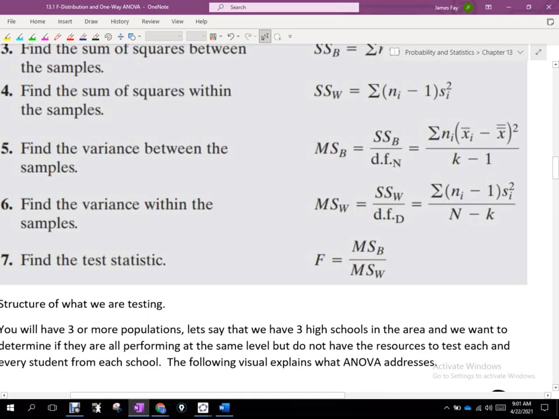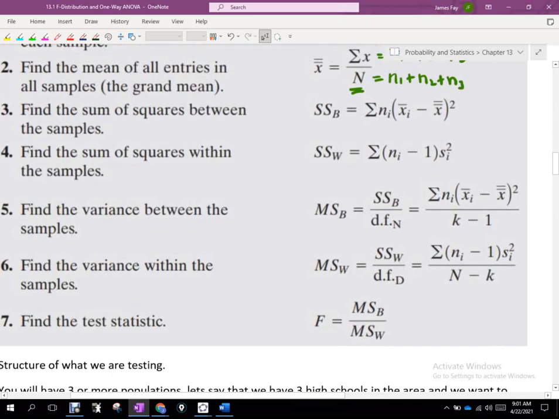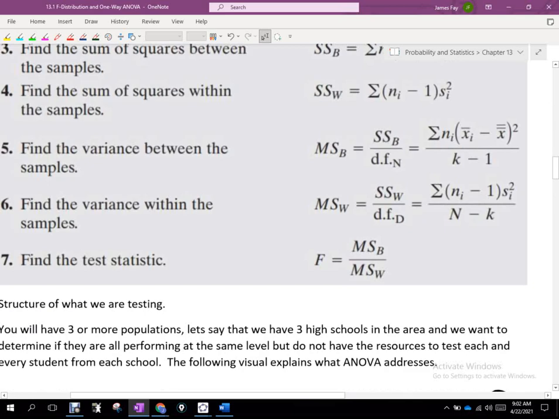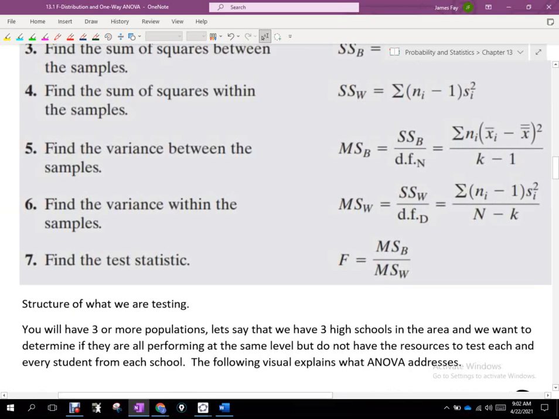The mean square within is found by taking the sum of squares within and dividing by the degrees of freedom sub d, which is n minus k. And then our F statistic takes these two values and puts them in a ratio, and that ratio is what we use to test our hypotheses. Pretty nasty, I think.